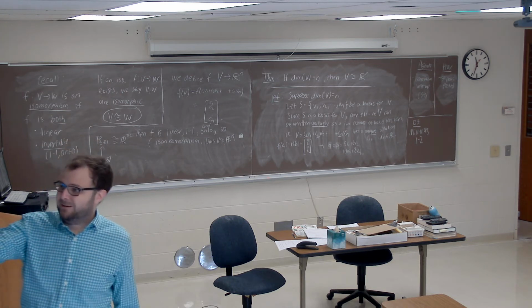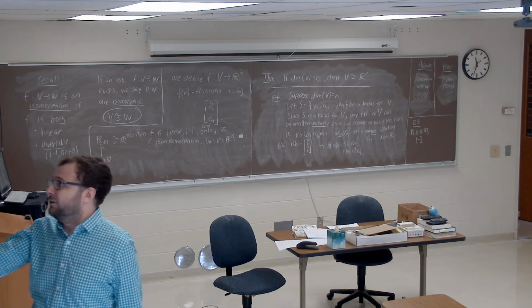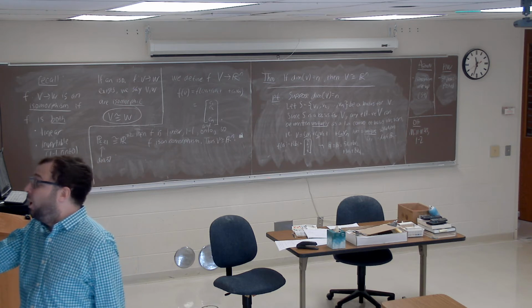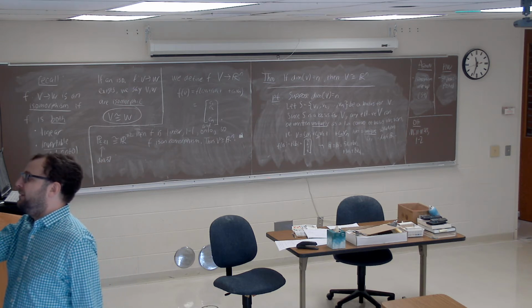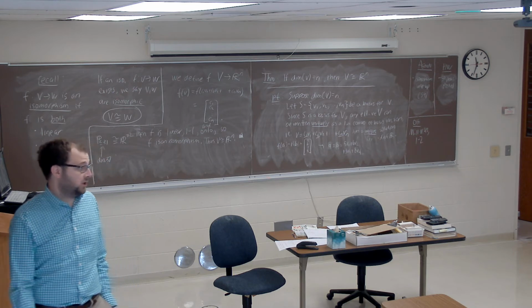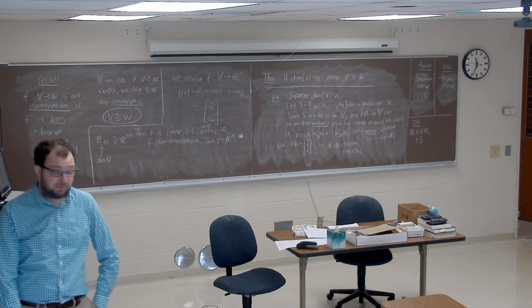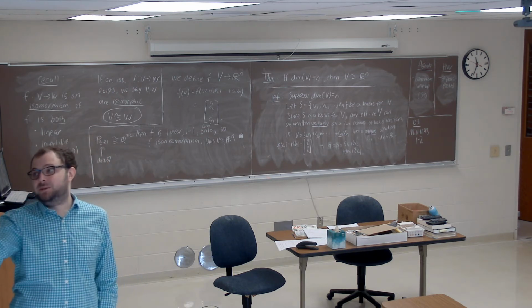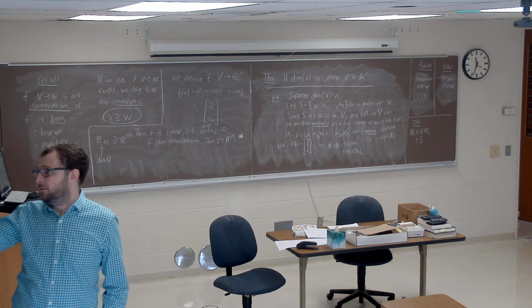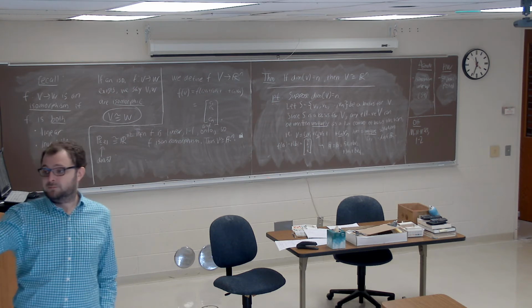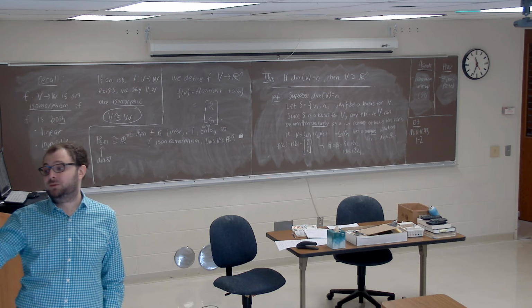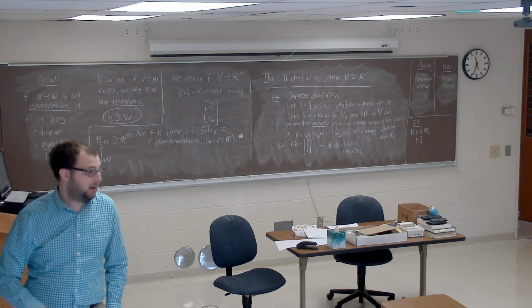We could say, since the kernel of f only contains the 0 element of V, there's nothing else in the kernel, that was one of our assumptions. Well, if v1 minus v2 is in the kernel of f, that's going to tell us v1 minus v2 is equal to 0.